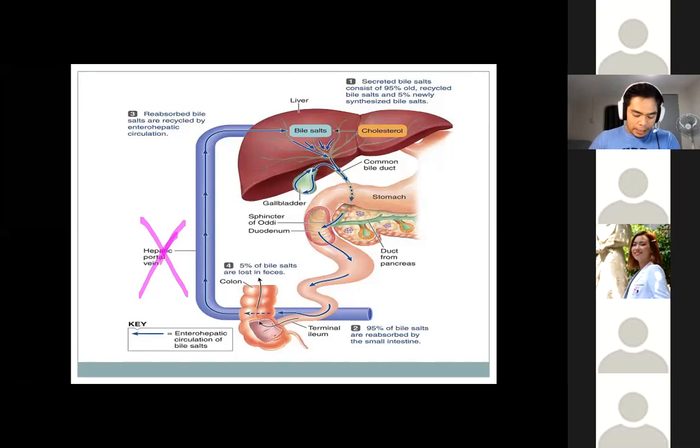So pag na-block niya ang hepatic recirculation or biliary recycling, question, marami bang itatapon na bile acid ang katawan? Yes, very good. Question, saan made up ang bile acid?